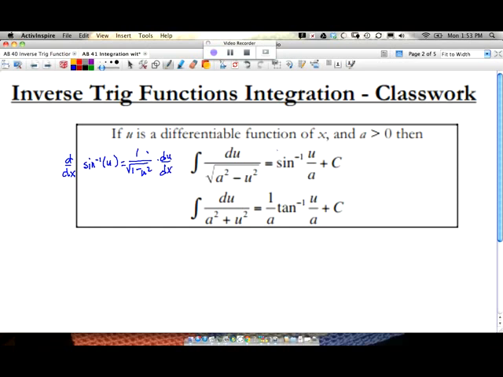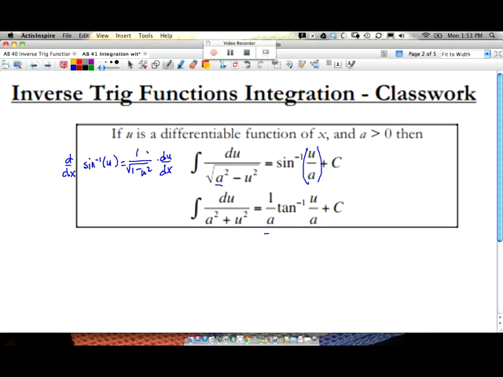More generally, what if it's sine inverse of u over a, where this a right here is not 1? There are other ways that you can work around that, but in general, it's going to be involved in this arc sine measure.